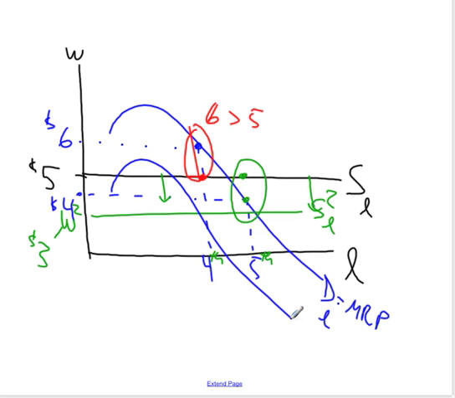If something caused the demand curve to fall, then again, all other things being equal, at the original wage rate of 5, instead of being in equilibrium here, the firm would now be in equilibrium here, would hire fewer workers. But let's go back to the numerical example and see both those points. What happens if wages fall? What happens if the marginal revenue product of labor falls?